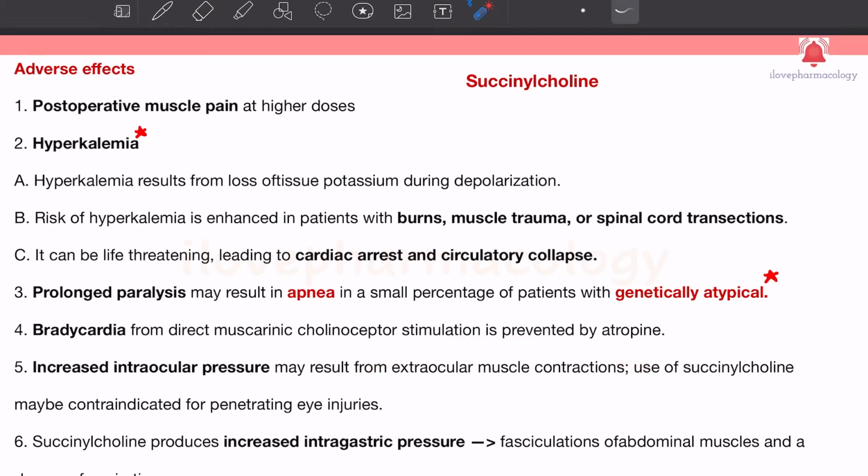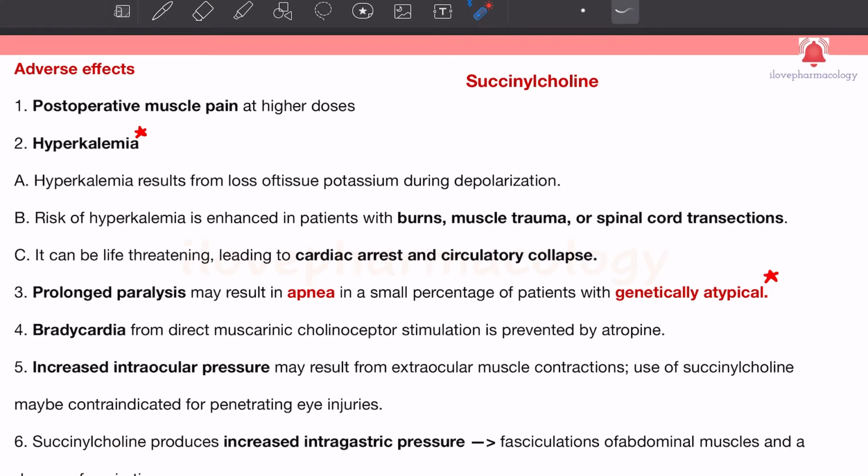So the use of succinylcholine is contraindicated if there are any penetrating eye injuries, which can lead to increased intraocular pressure due to the contraction of the extraocular muscles. And succinylcholine can also produce increased intragastric pressure due to the fasciculation of abdominal muscles, and this can be very dangerous because of the risk of aspiration.